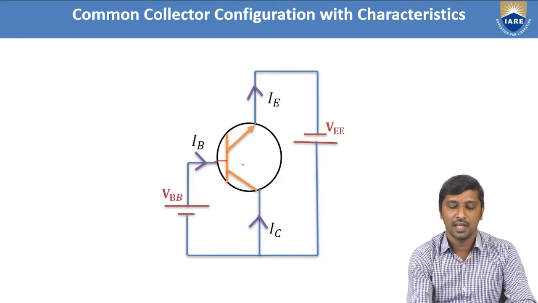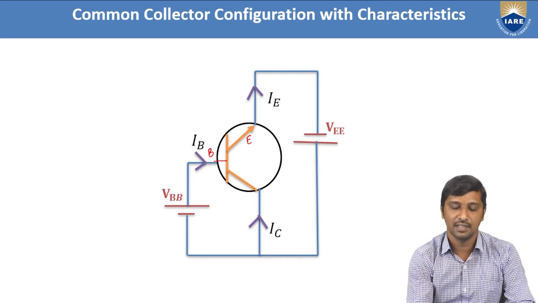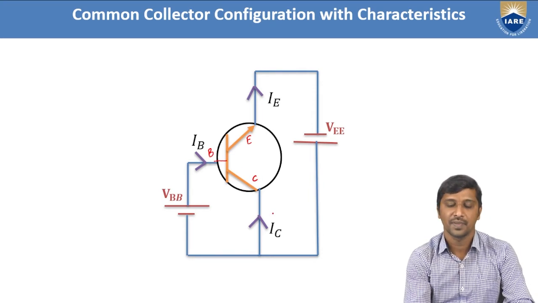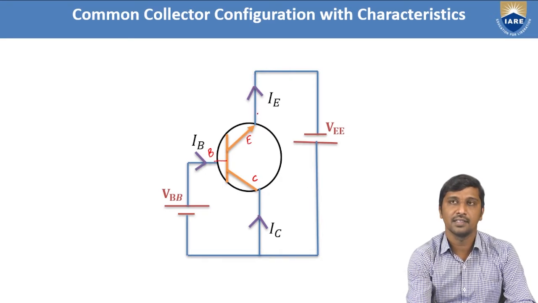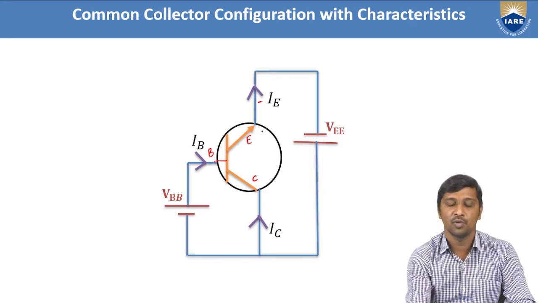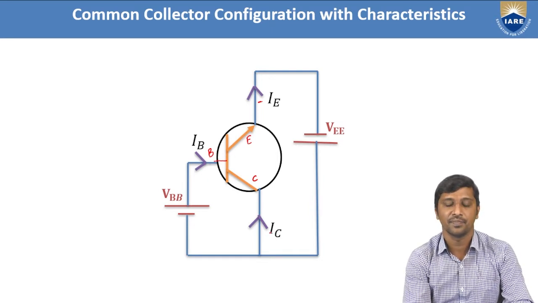This terminal is represented as the emitter, this as the base, and this as the collector. Based on the NPN transistor, the current flow direction is outward from the emitter, so the emitter current flows in this direction towards the base and the collector. I have represented the directions of the base current as well as the collector current.